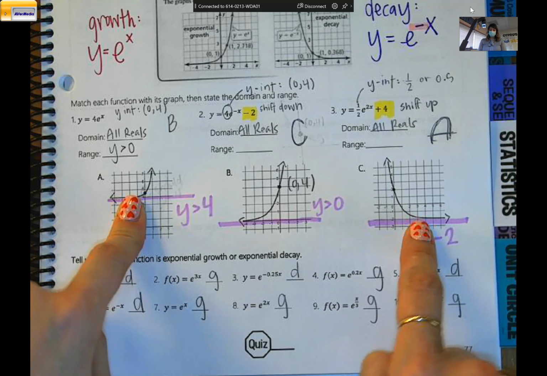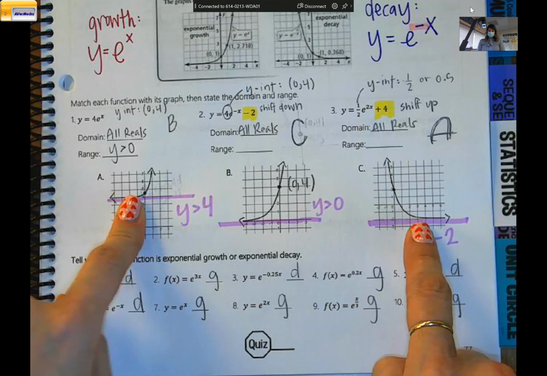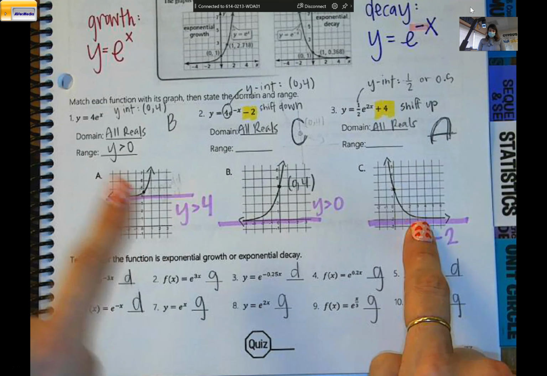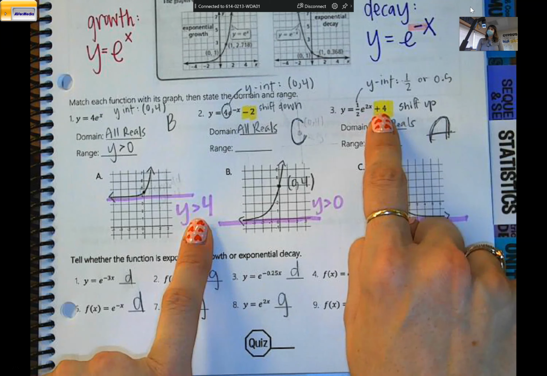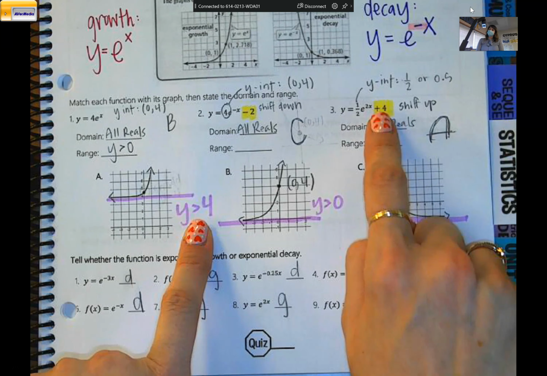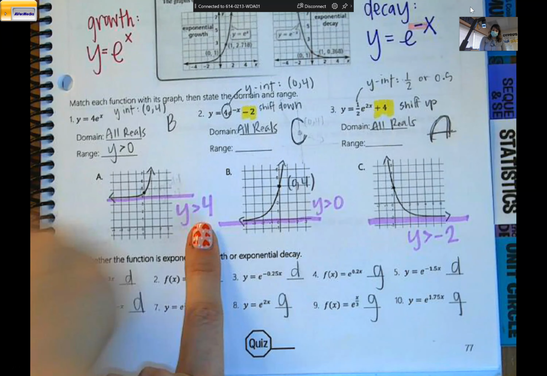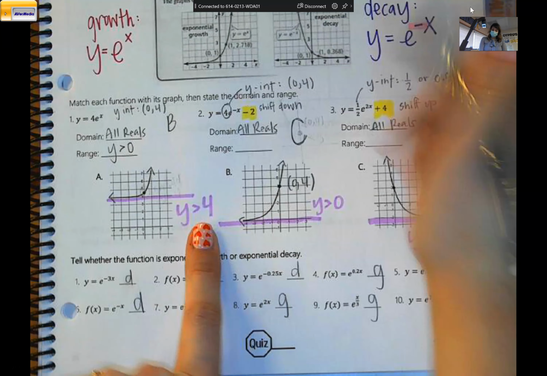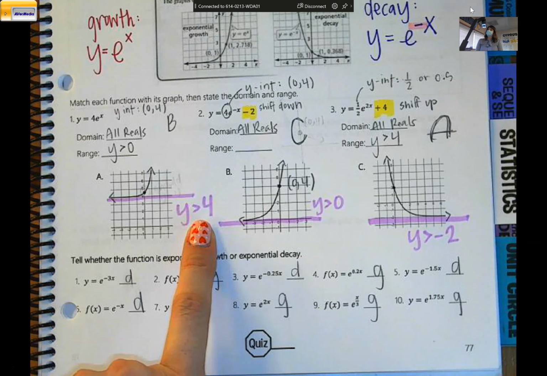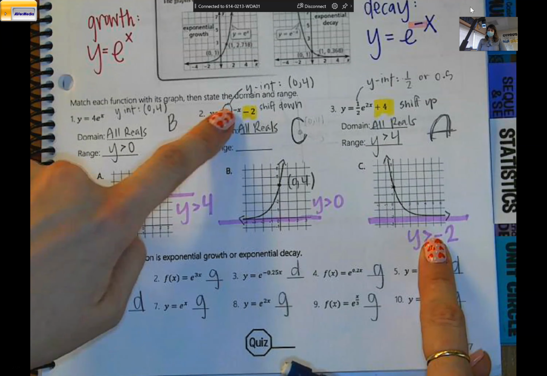Okay, well now let's match them up. This one that's greater than 4 matches this one. And look what I have highlighted, +4. Y can be any number greater than 4. And this one matches this guy.